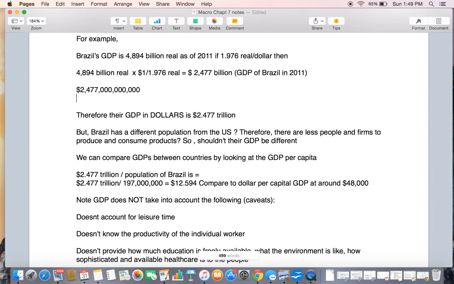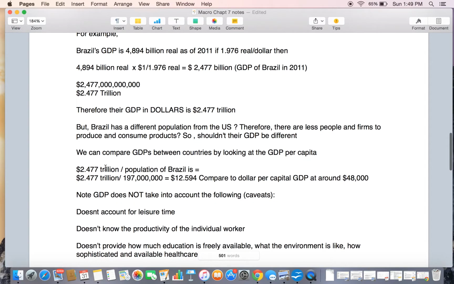So I can also call that 2.477 trillion. Cool. So 2.477 trillion divided by the total population of Brazil gives us a GDP per capita of 12,594.